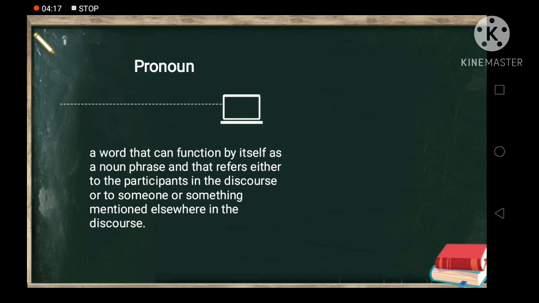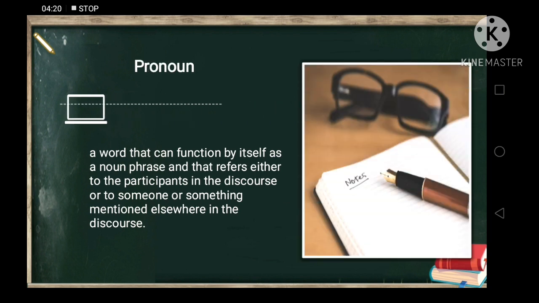Next is pronoun. A pronoun is a word that functions by itself as a noun phrase, and that refers either to the participants in the discourse or to someone or something mentioned elsewhere in the discourse. So we're talking about pronoun.